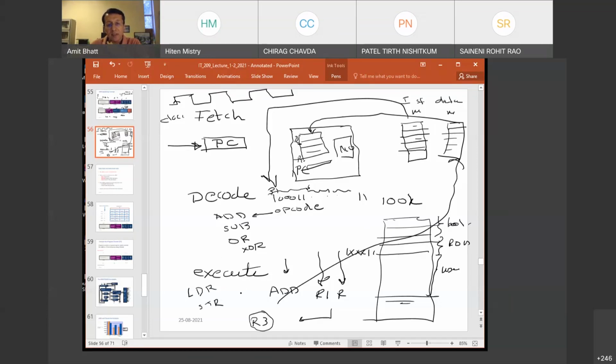So within this execute cycle, for load and store, it may do address calculation, and then it will go to a particular memory location and put the result back into a register wherever it is required, or take a value from a register and put it into a memory location. So this is like a 3-stage pipeline.